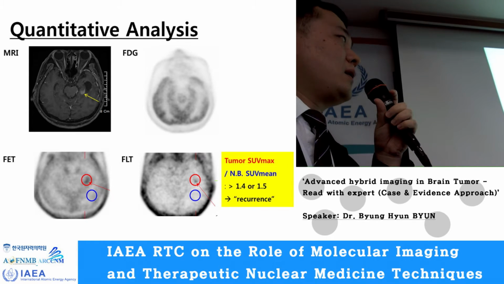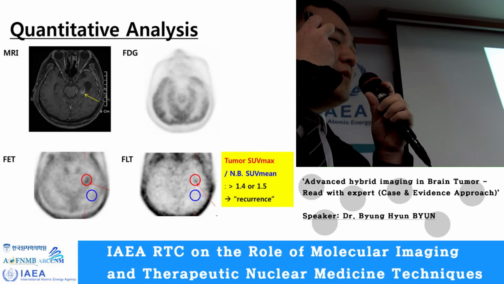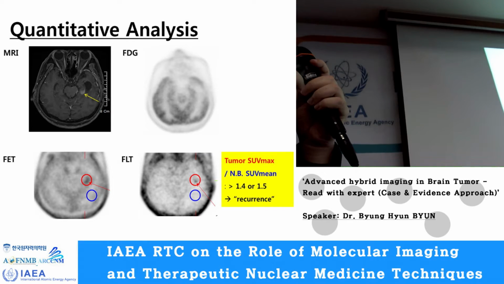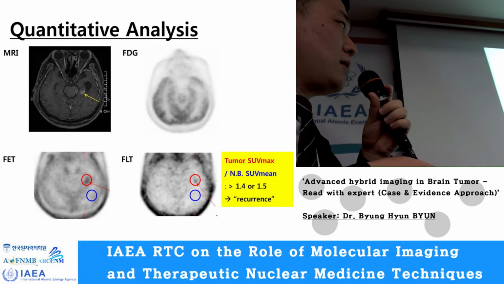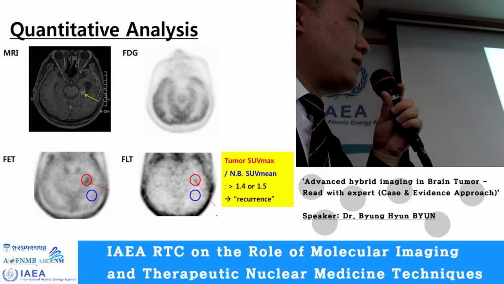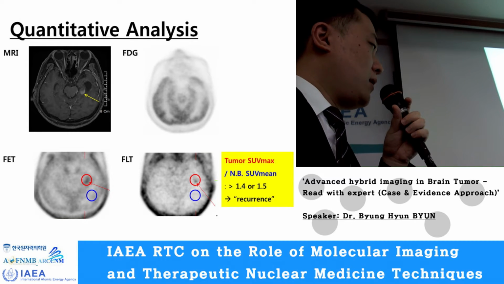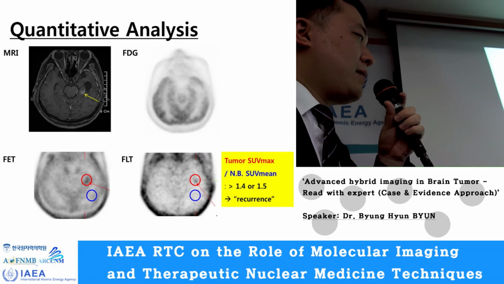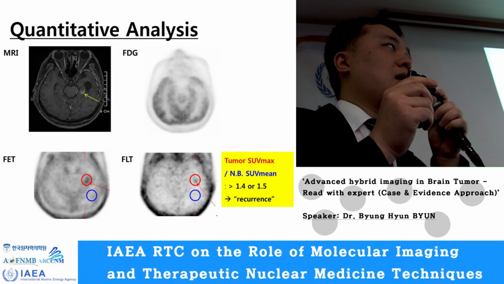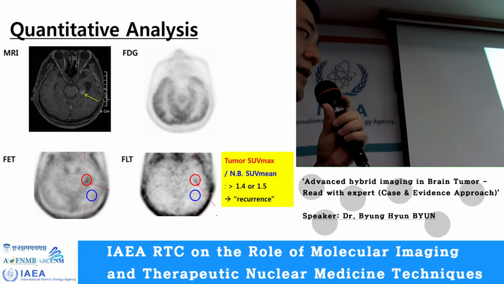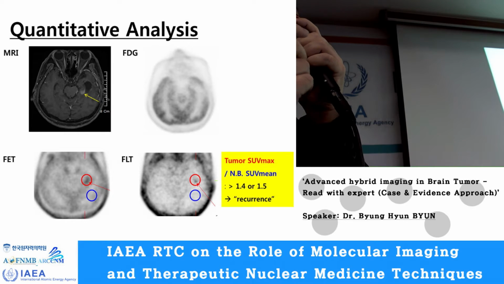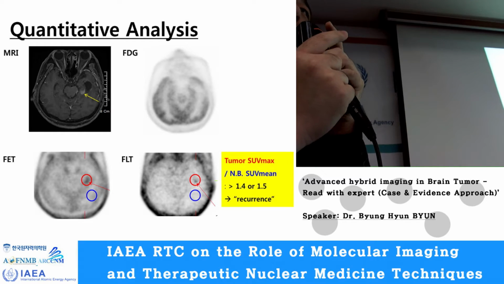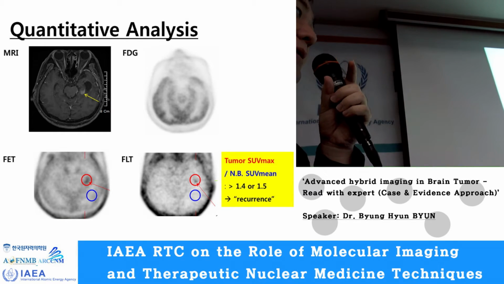Usually, for the diagnosis of brain tumors using FDG PET, visual analysis is useful. We can compare the activity with the normal tissue. However, on FET PET and FLT PET, normal brain parenchyma shows very little uptake. Sometimes there is a breakage of the blood-brain barrier around the tumor resection site or radiation site.